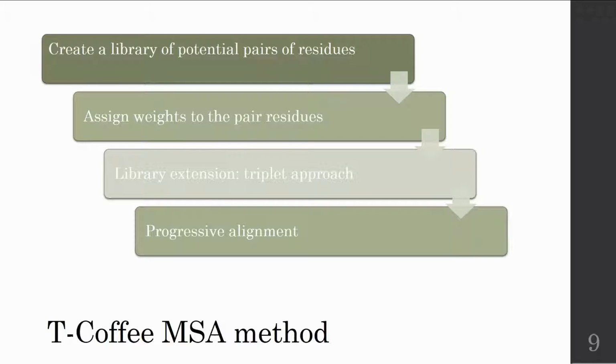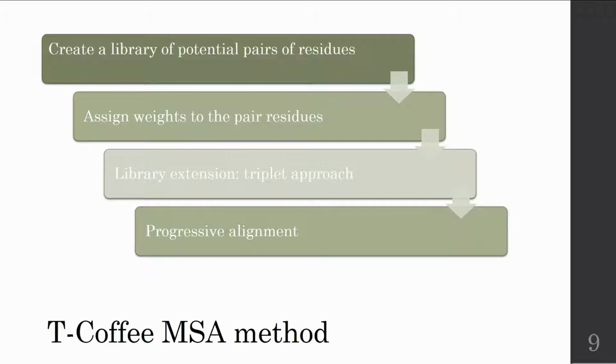Now, eventually you have this library, which is a combination of locally and globally pairwise aligned, and these are weighted, and then eventually there will be another weighting procedure on these pair residues, which is called the library extension, and it is done on the triplet approach, which is based on the consistency-based ideology.